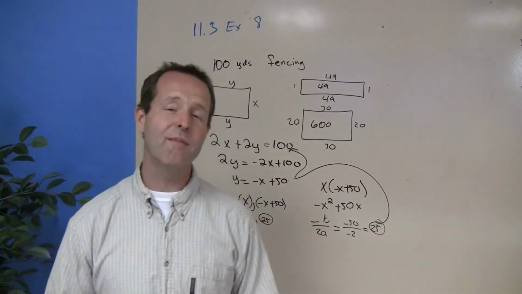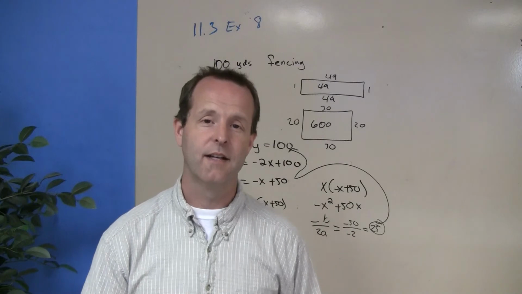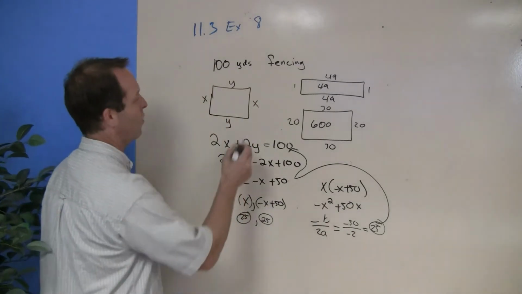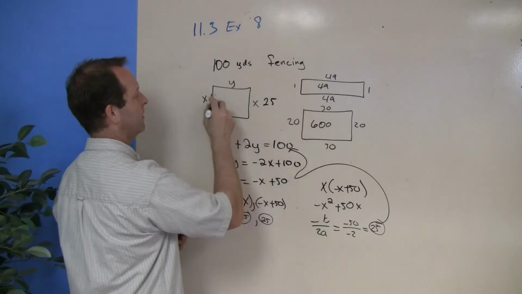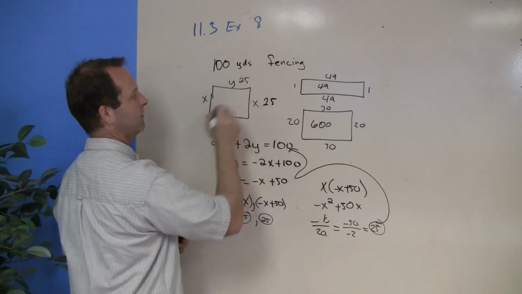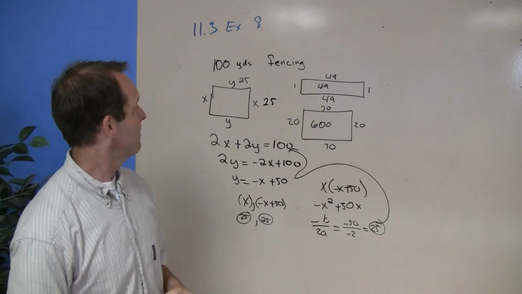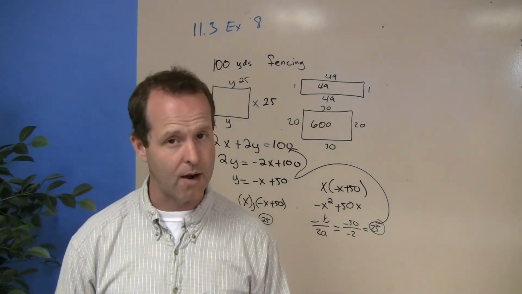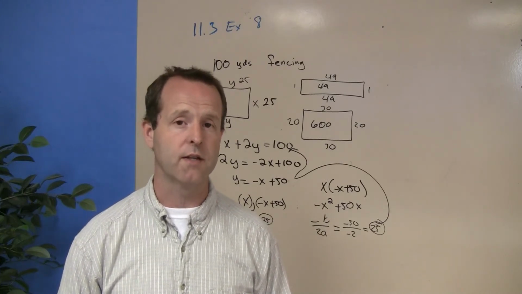So those are my two numbers, guaranteed, that represent the dimensions of this rectangle. If I make the width 25 and make the length 25, those two numbers are going to guarantee that I have the maximum amount of area enclosed in this rectangle.